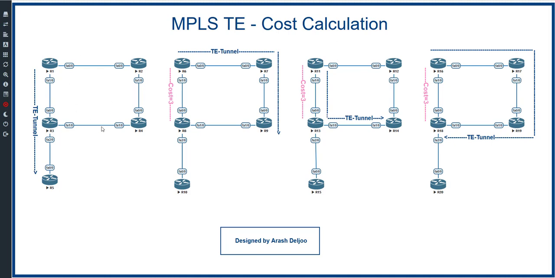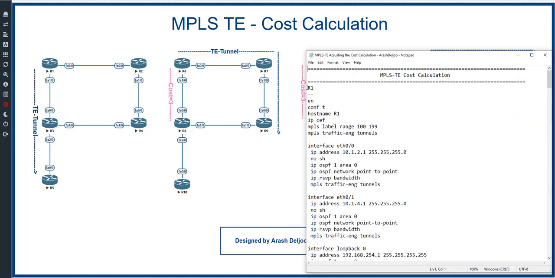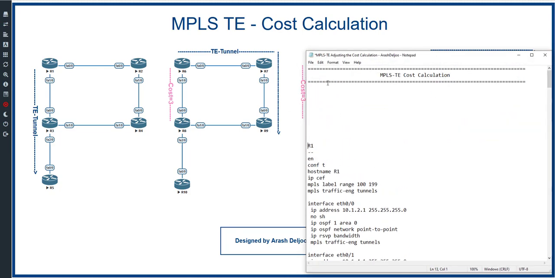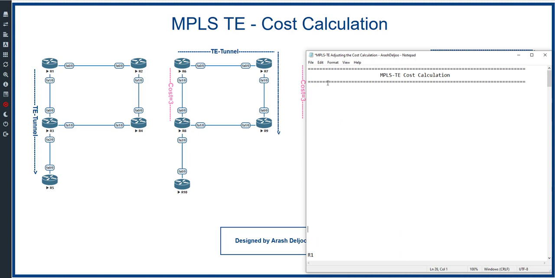In this scenario, I'm also going to talk about two important concepts in MPLS traffic engineering besides the cost calculation. The first is equal cost load balancing, or equal cost load sharing. Let me write here: equal cost load sharing.